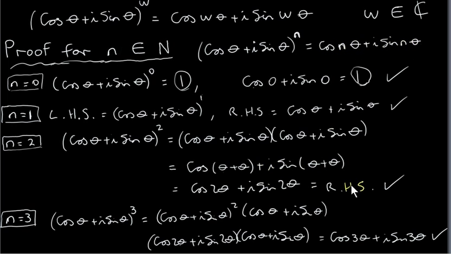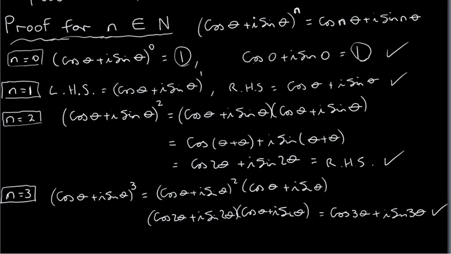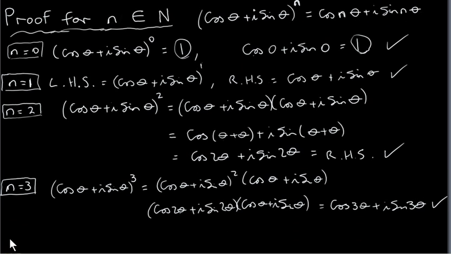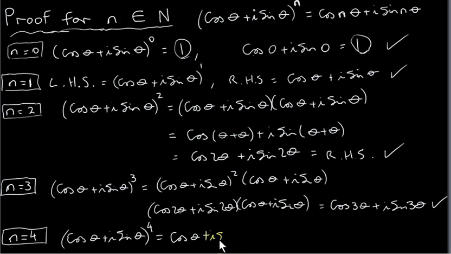So we could keep going like that. What would we do for n equals 4? Well, we could write (cos theta plus i sine theta) to the power of 4 as (cos theta plus i sine theta) cubed, because we've already worked this out. We know what it is. It's equal to this.